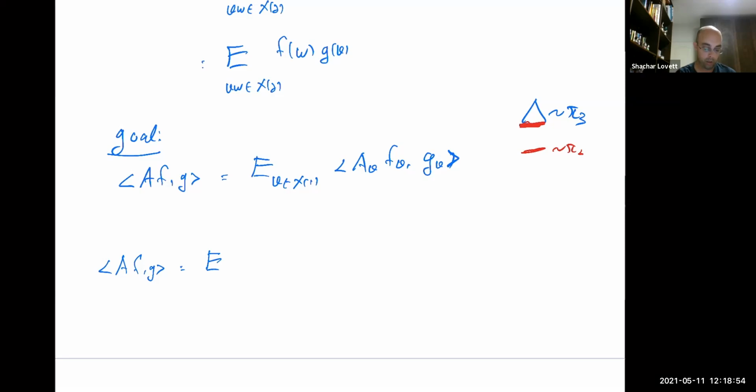And now, here's another way of picking this edge. Pick a random triangle UVW in X3, and U and V are just going to be two of its endpoints randomly. But I'm going to think of UVW here as an ordered triple, just for simplicity. So FUGV.